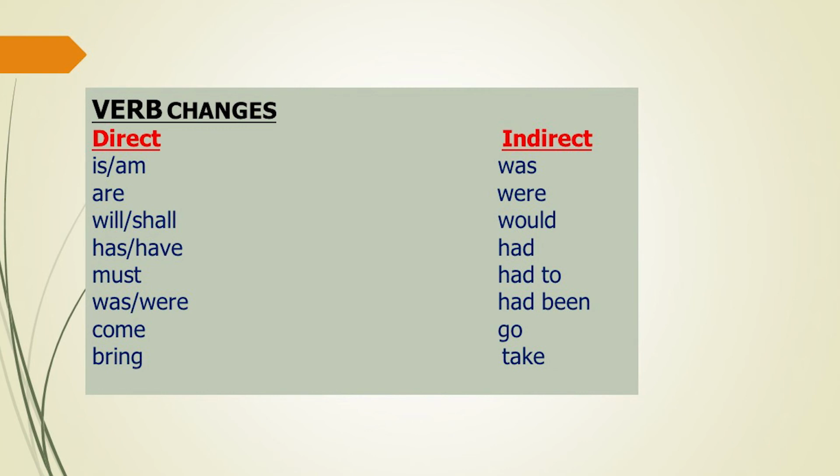Has and have change to had. The word must changes to had too. Was or were change to had been. The word come most times changes to go. Then bring changes to take.